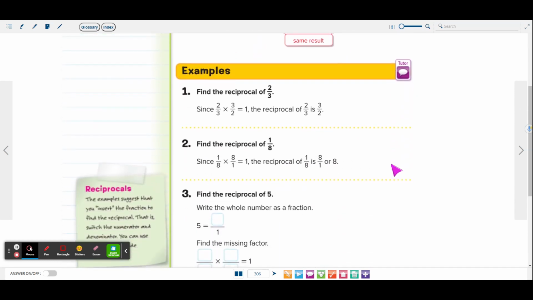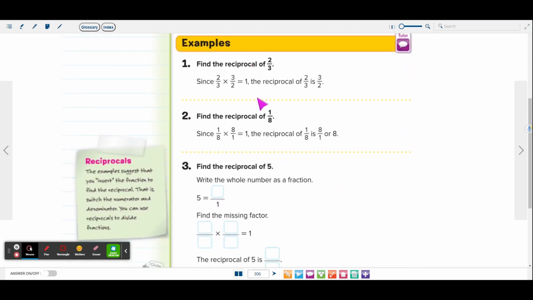Okay? So the reciprocal of 2/3. Since 2/3 times 3/2 is 1, the reciprocal is 3/2. You could just look at this as they are flipping, and it would be 3/2. The reciprocal of 1/8, well, since 1/8 times 8/1 is 1, that means the reciprocal or the inverse would be 8/1.